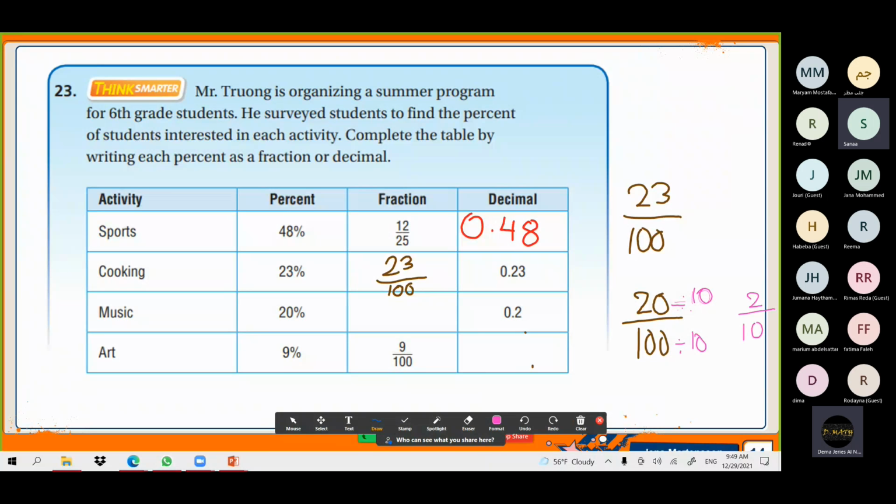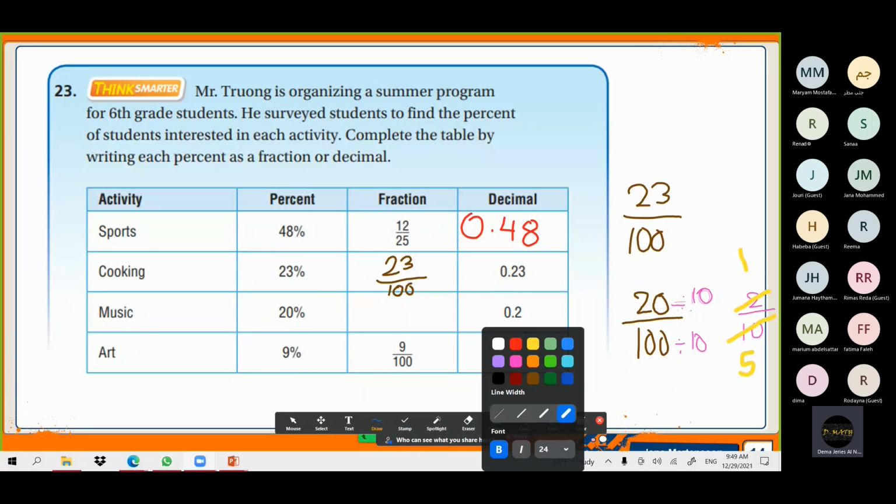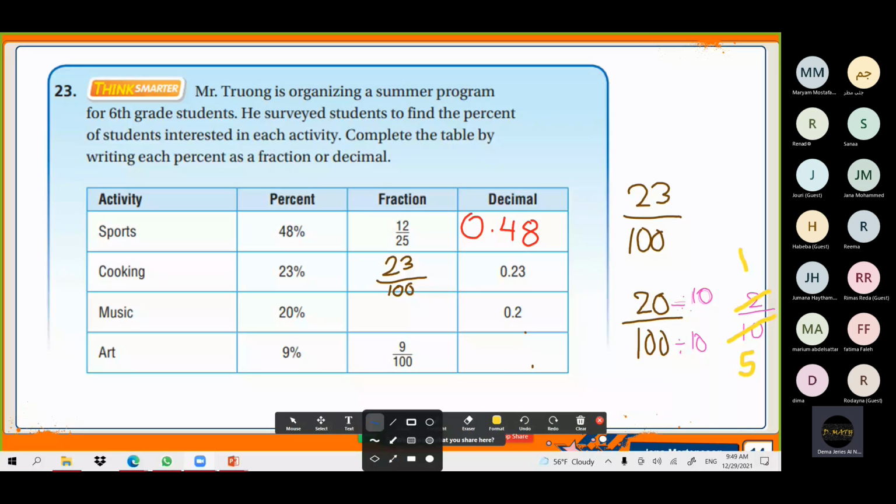Then can you simplify it more? 2 divided by 2 is 1. 10 divided by 2 is 5. Bravo. So it can be written as 20 over 100 or 1 over 5.